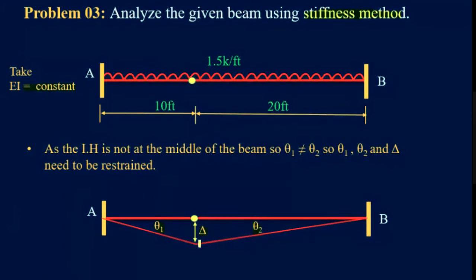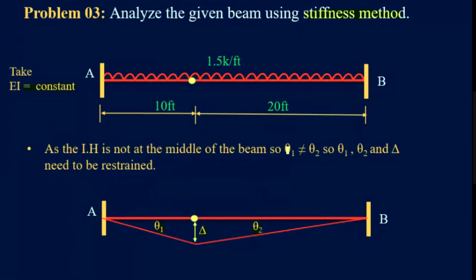Now, these two rotation values are not the same, they are not equal. Why not equal? Because this internal hinge is not at the middle of the span. We can see that it is 20 feet from one support and 10 feet from the other. If this internal hinge was at the middle, which means 15 feet from this support and 15 feet from this support, then the value of θ1 would have been equal to the value of θ2.